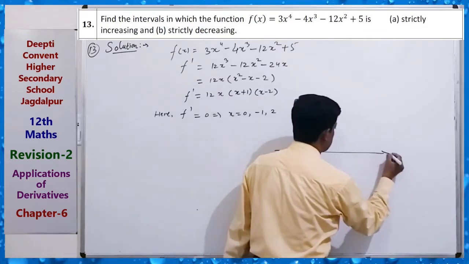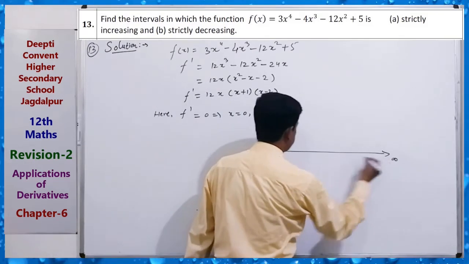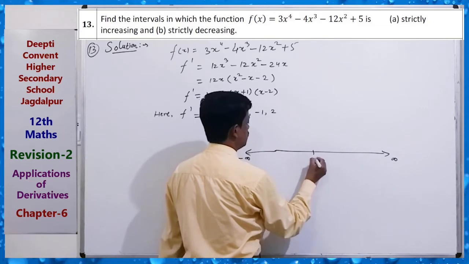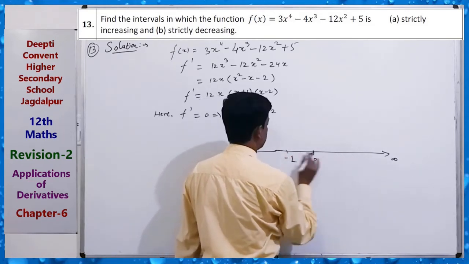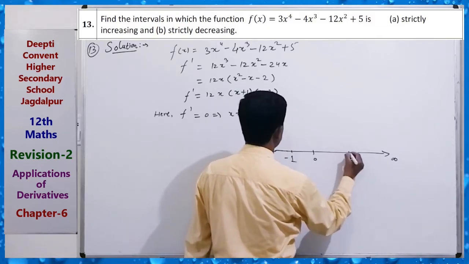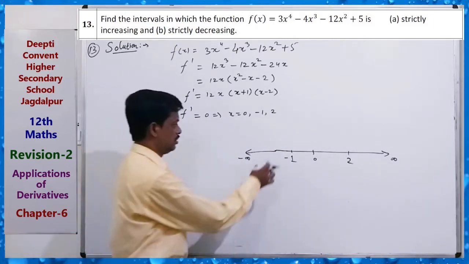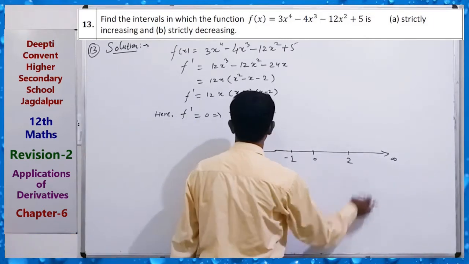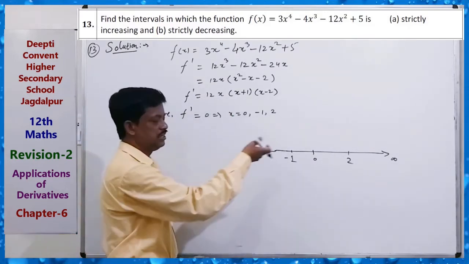So you have to draw the interval like this. Here minus infinity, here plus infinity, here 0, minus 1 and this is 2. These are distributed in 4 parts. Now we have to check the sign of these derivatives here.